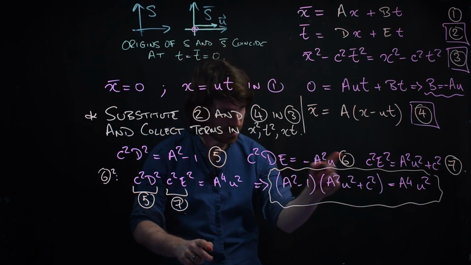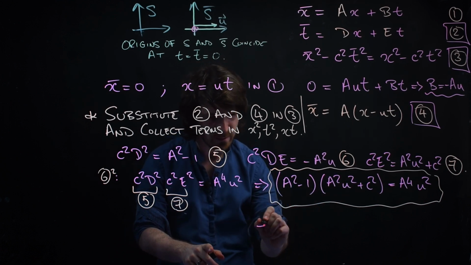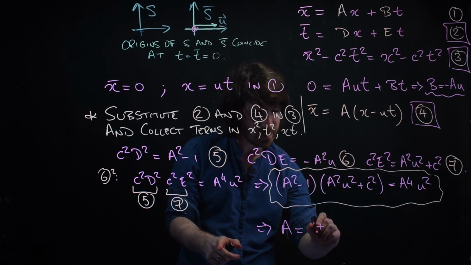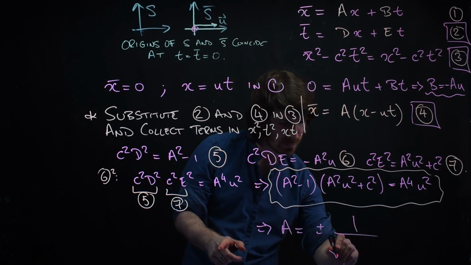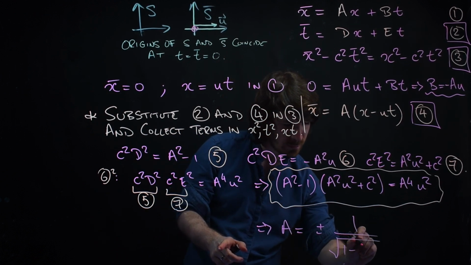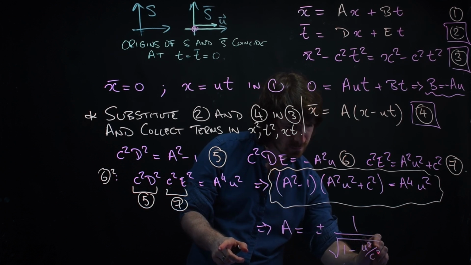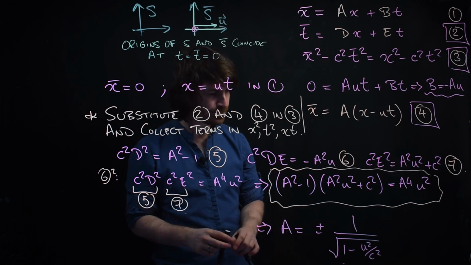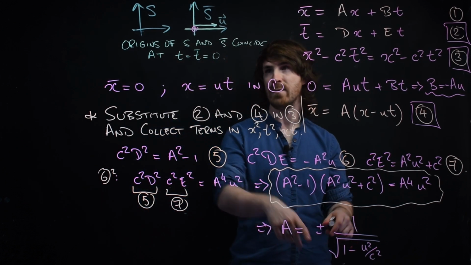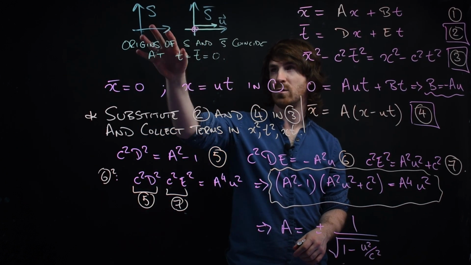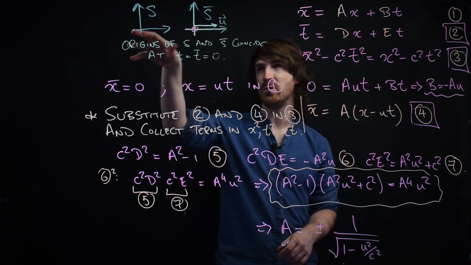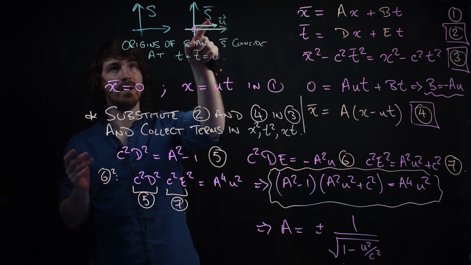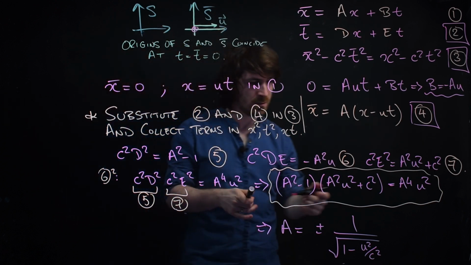Okay, so if you keep going, multiply this out, then you should find that a is either plus or minus 1 over the square root of 1 minus u squared over c squared. Okay, so we have to determine the sign, and we do that by saying that as the two frames overlap, if we reduce the velocity u to 0, then s bar is the same frame as s.